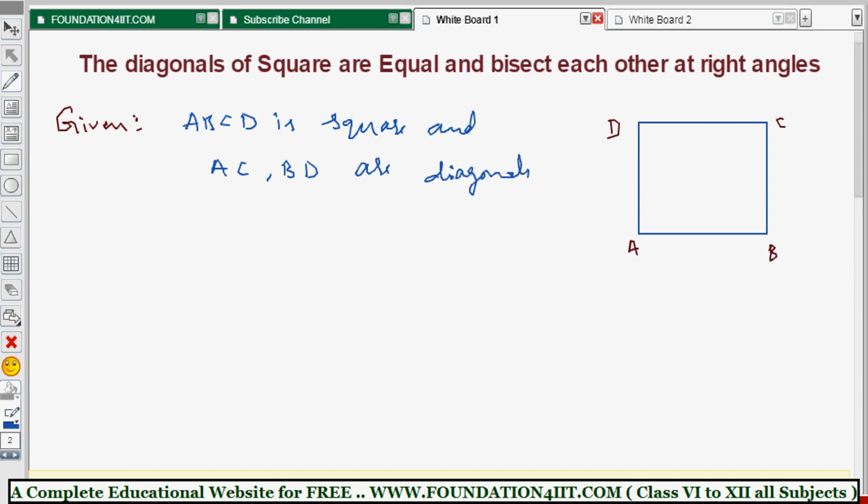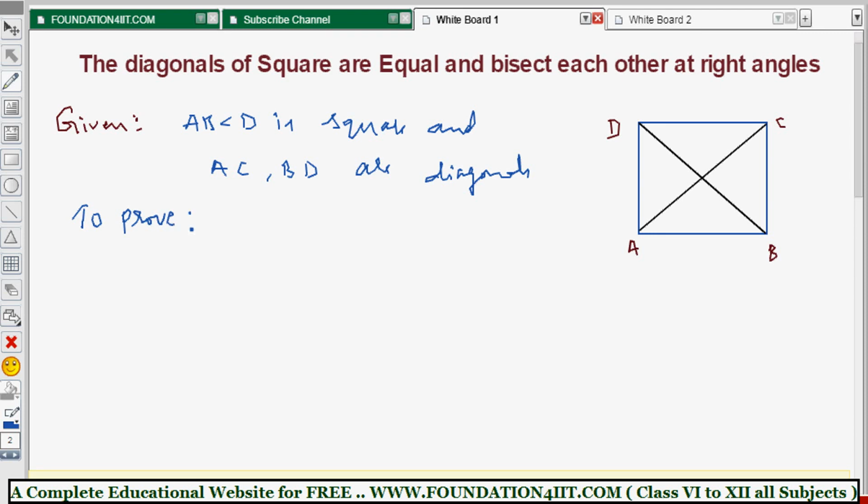Fine. So we need to prove diagonals of a square are equal first, and we'll see they bisect each other at right angles also. Let me take the diagonals AC and BD. We should prove these both are the same. Similarly, same as we did in the rectangle, we'll take two triangles.